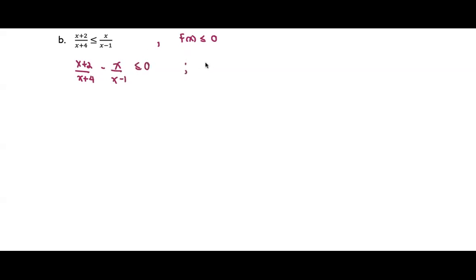Put a note on the side before we forget. The domain of this inequality is going to be x cannot be negative 4 and x cannot be positive 1, as those are the zeros of the denominators. Now we're going to combine these two fractions into one using the common denominator, x plus 4 times x minus 1.